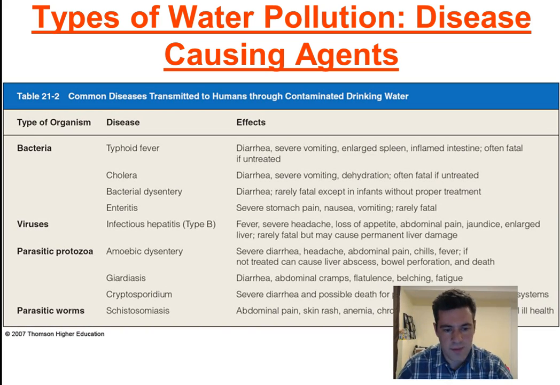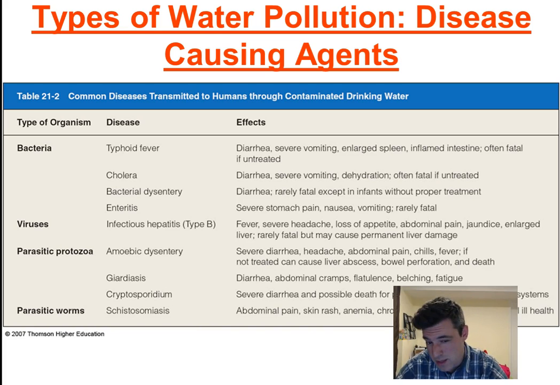So not a really fun thing to talk about, but we have to, and this is something that we're experiencing in the developing world, for sure, where wastewater goes untreated. People that have diseases don't have the proper waste disposal.